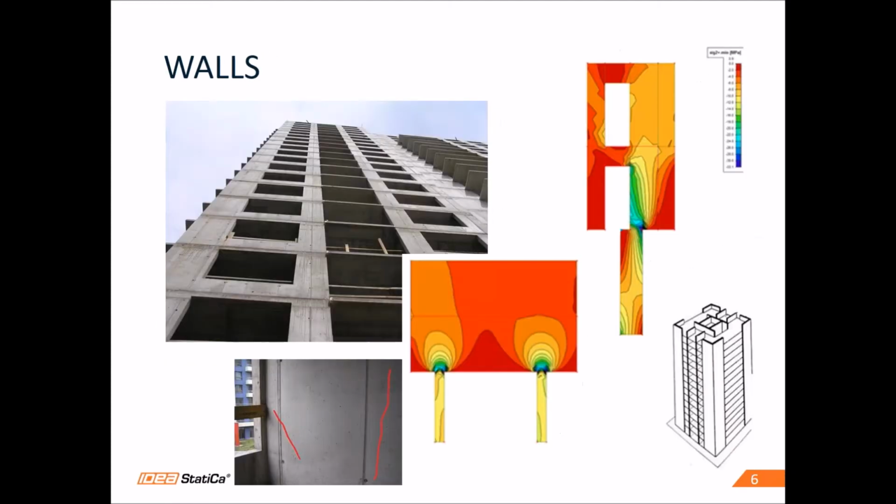The theory behind this is the discontinuity regions, the regions in concrete members that cannot be described and analyzed by the standard equations. Similarly, in walls, to properly analyze how the stress is redistributed and provide a clear code check.